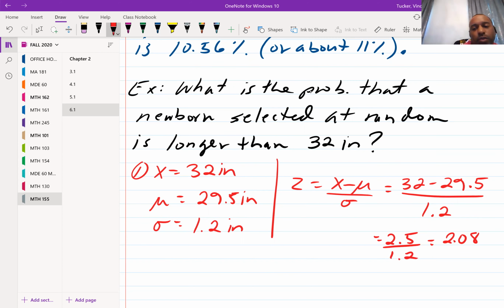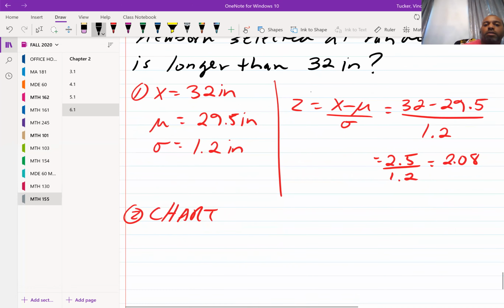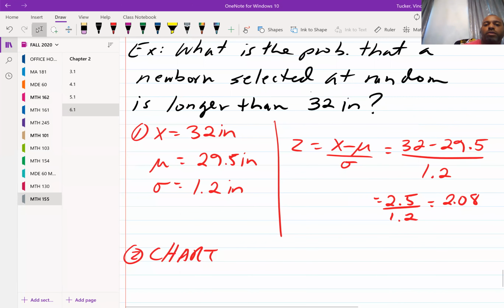All right, our z-score is going to be 2.08. Any problems with that? All right, so now I get the chart. And let's still copy the words.